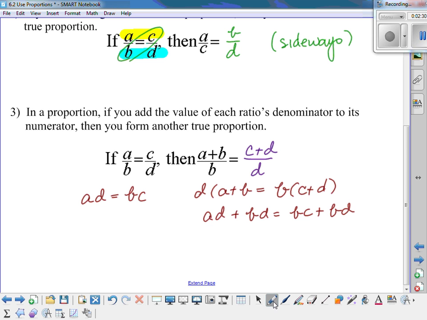If I subtract BD from both sides, I'm left with AD equals BC. So sure enough, they are equal to each other.